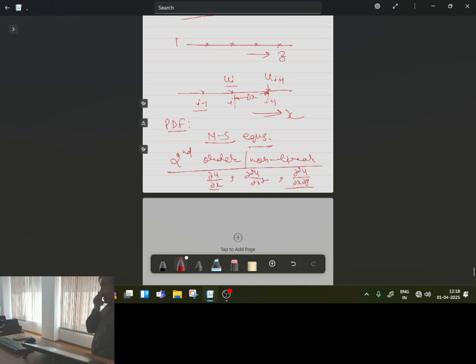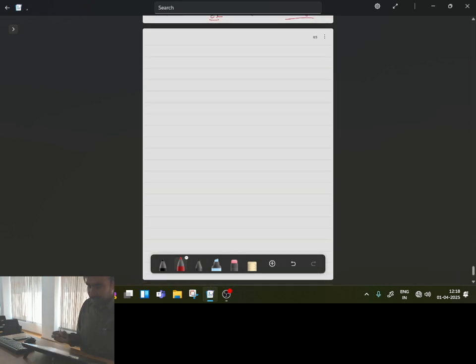Okay, then I can simply apply the Taylor series approximation over here, and I can write that u at point i plus 1 will be equal to u at point i plus delta x into del u by del x at point i plus delta x square by 2 factorial into del square u by del x square at point i plus so on up to like this.